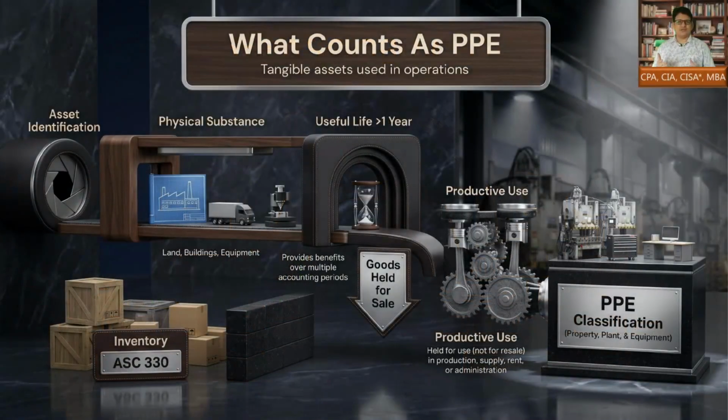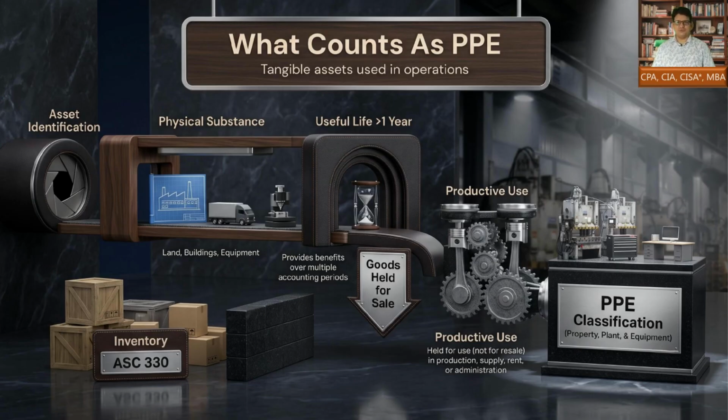So, what counts as PPE? In simple words, PPE means tangible, long lived property used in the entity's operations. Tangible means it has physical substance like land, buildings, machinery, vehicles, furniture, tools, and equipment. Long lived means it benefits more than one accounting period.